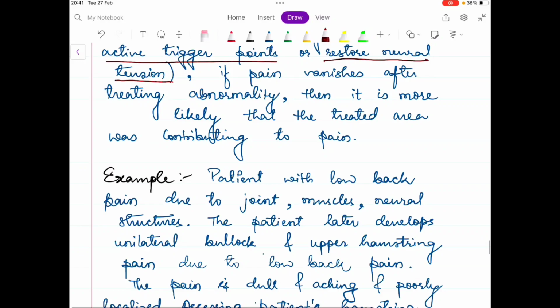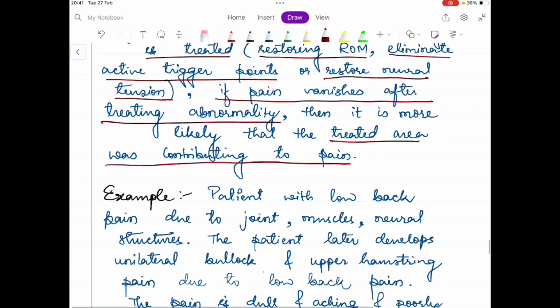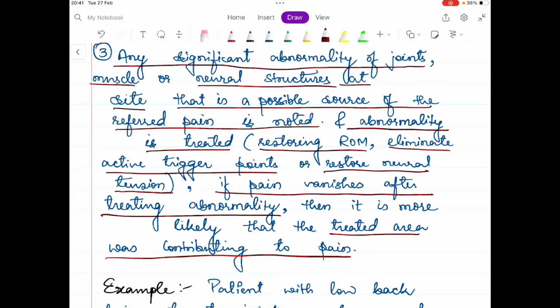And if the pain vanishes after treating the abnormality, then it is more likely that the area you were treating was contributing to the pain. So this was the assessment of the pain, discussed in very short.